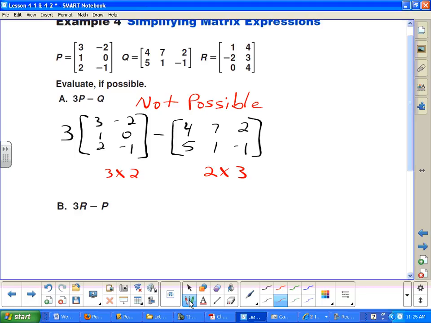Okay, letter B, they want us to do 3R minus P. So we can check our dimensions. R is a 3 by 2. P is a 3 by 2.